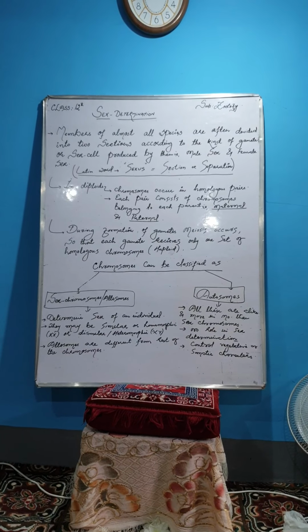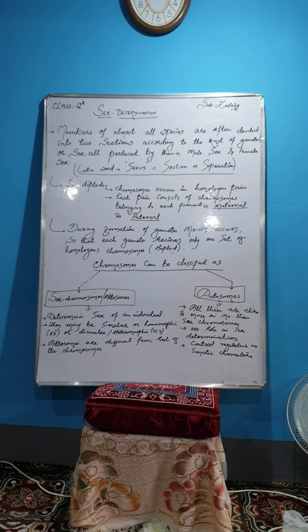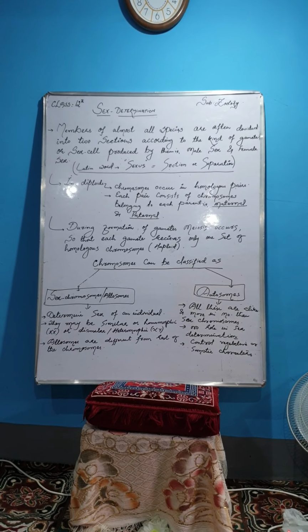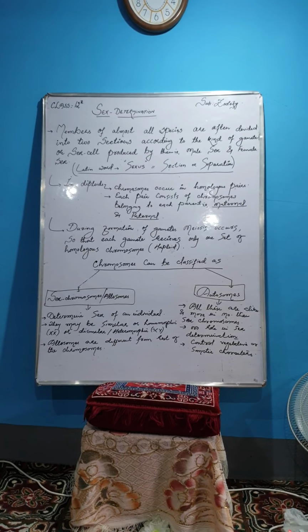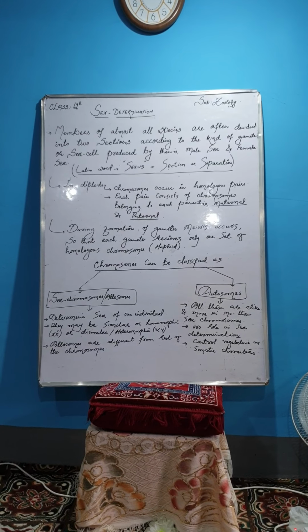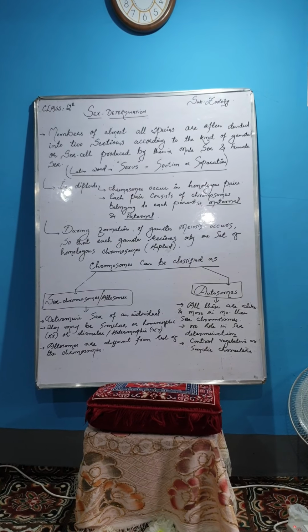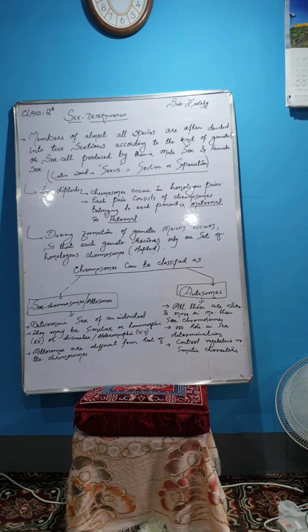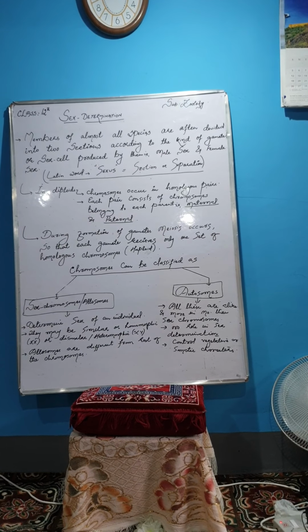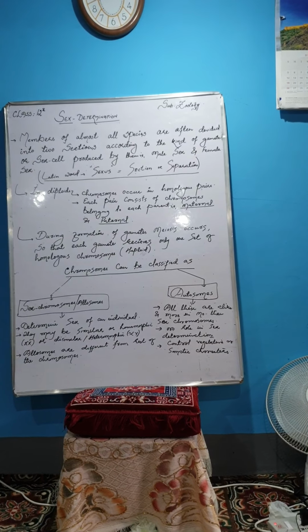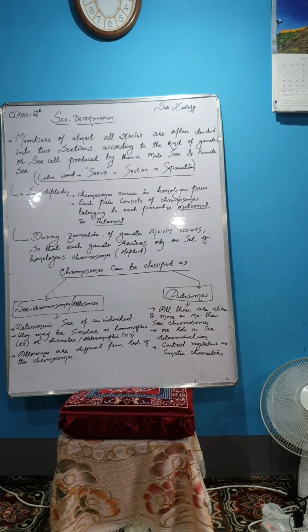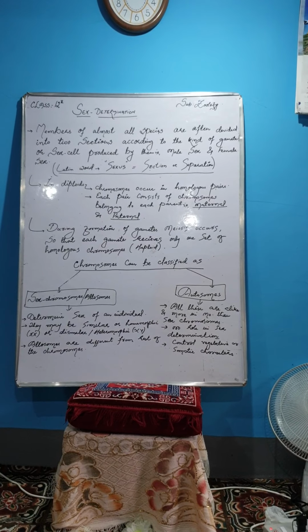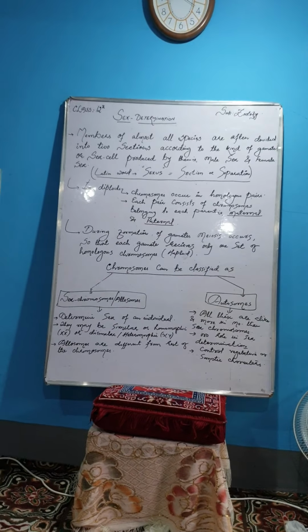You know, after a successful reproduction, there is gamete formation. Gamete formation we call gametogenesis. During gametogenesis, there is a reductional cell division, which you know by the name meiosis. The meiotic division leads to the formation of gametes, but due to this reductional division, the chromosome number gets halved.